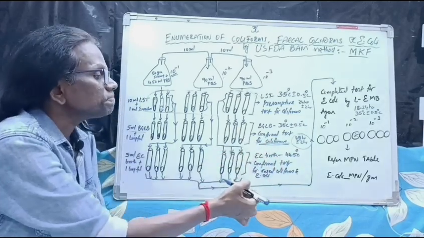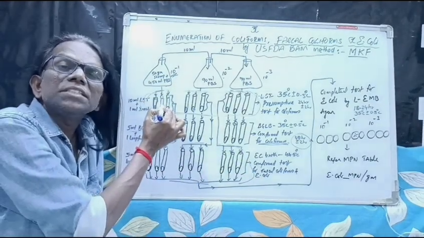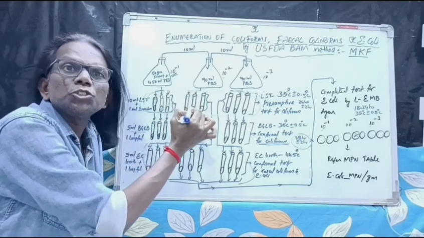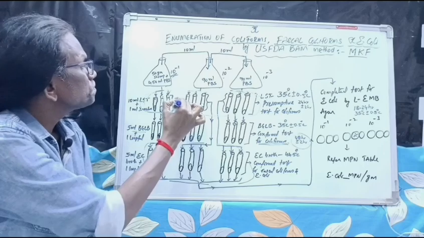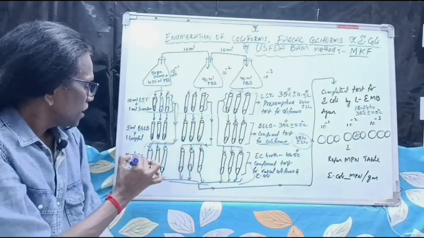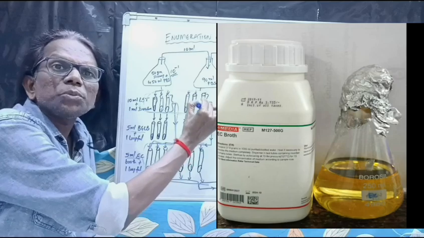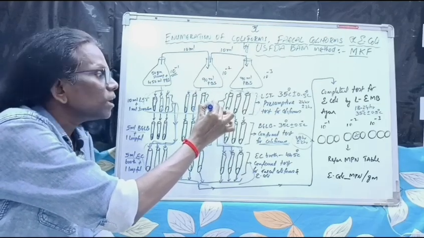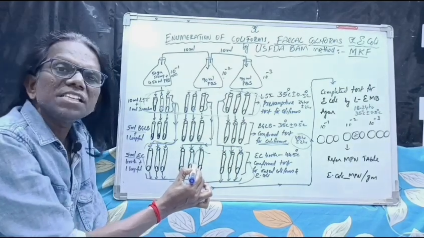The next step is the confirmation test for fecal coliforms. From each gas positive tube of the presumptive LST test, and from each dilution, transfer a loopful of culture to EC broth.